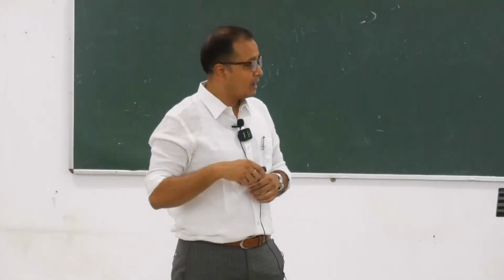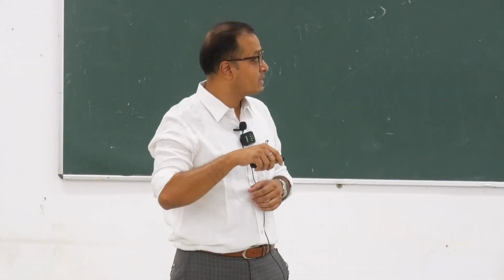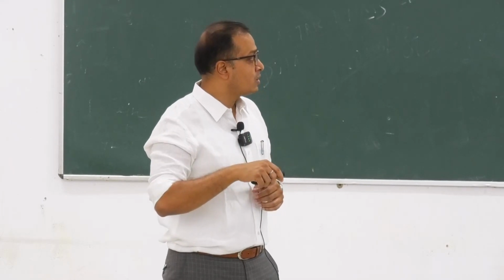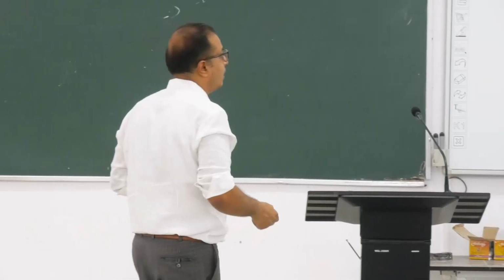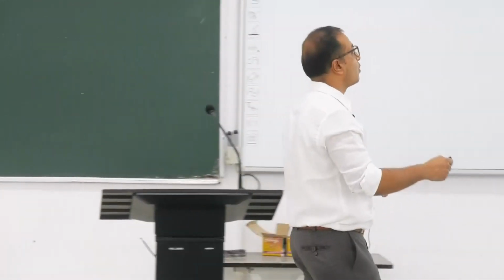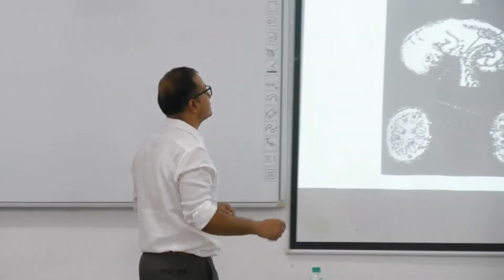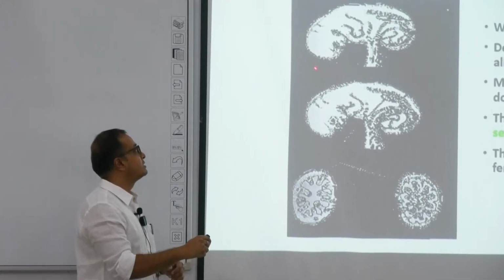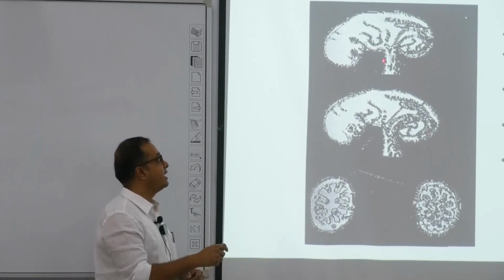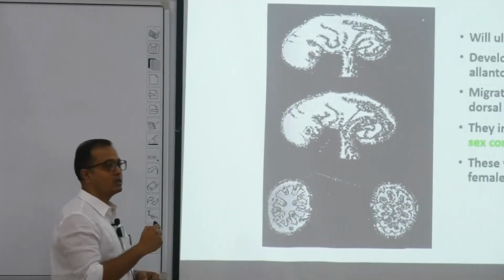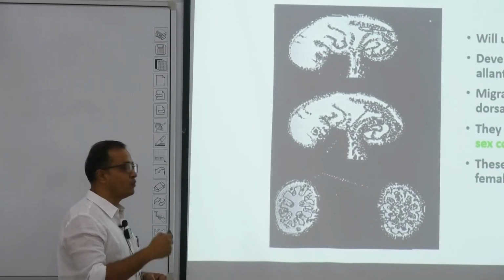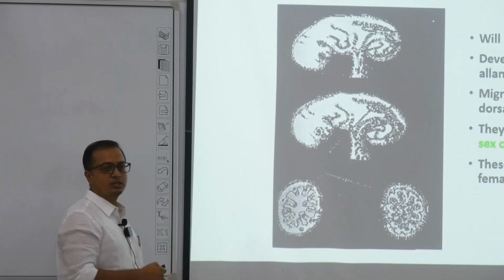For now, we use the word yolk sac, and another sac, which we call the allantois. The yolk sac and allantois is the region where the primordial, or oldest, germ cell comes from. This is the developing embryo which is forming. It is the head end, this is the tail end, and it has a tube connecting. This tube is the allantois, connected to a bigger tube which is not visible here, known as the yolk sac.